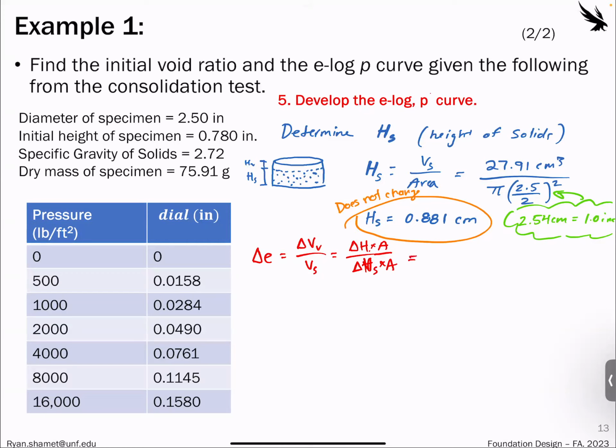So the areas cancel out, and our change in void ratio can essentially be boiled down to the change of height divided by the original height of solids.